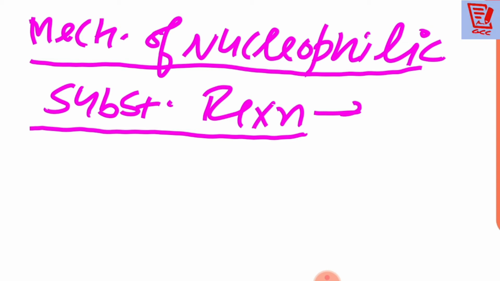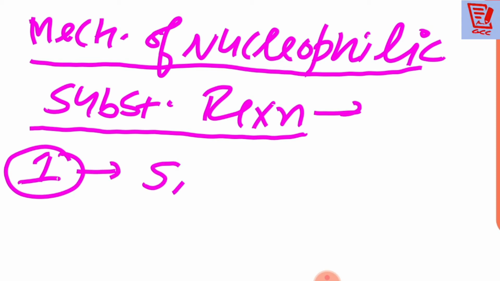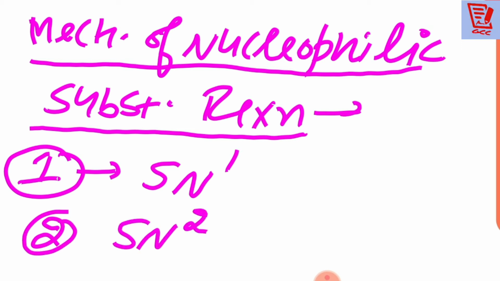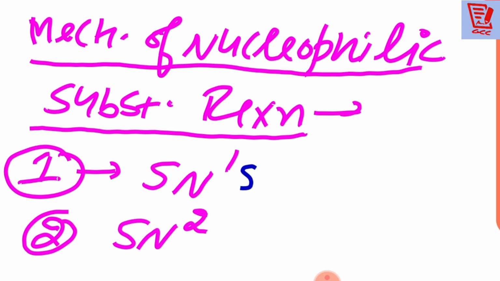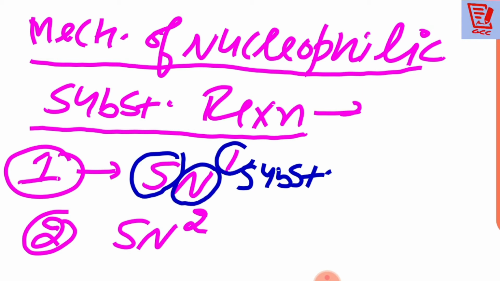Okay student, whenever we are going to start with the mechanism of nucleophilic substitution reaction, it is mainly of two types. Number one is SN1, and number two is SN2. SN1 is known as substitution nucleophilic unimolecular reaction: S for substitution, N for nucleophilic, 1 for unimolecular.